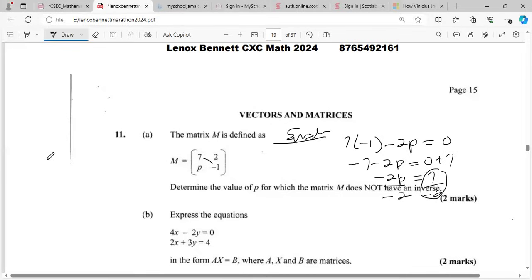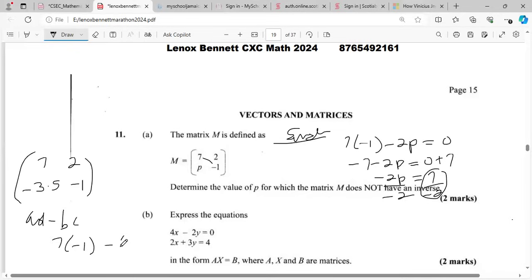I can prove it. 7, 2, what am I getting again? Negative 3.5 and negative 1. So remember, once it equals 0, it's singular. So AD minus BC, so it's 7 times negative 1 minus 2 times negative 3.5.